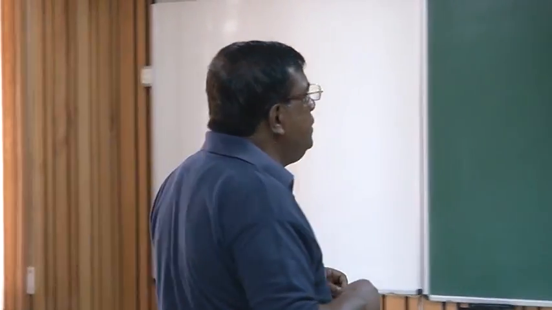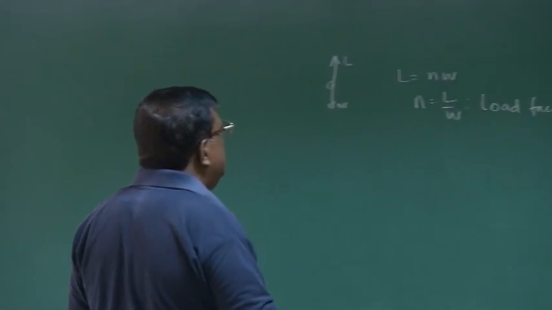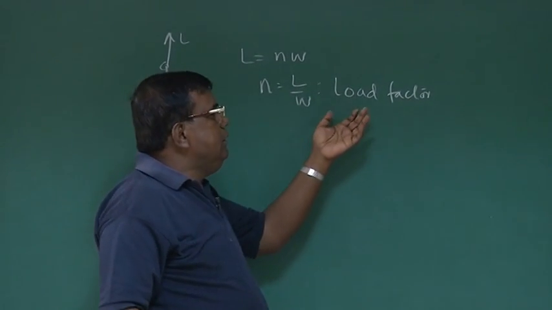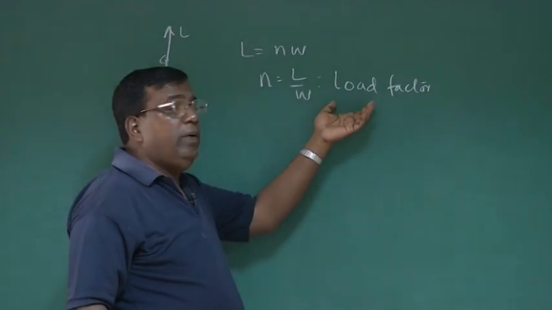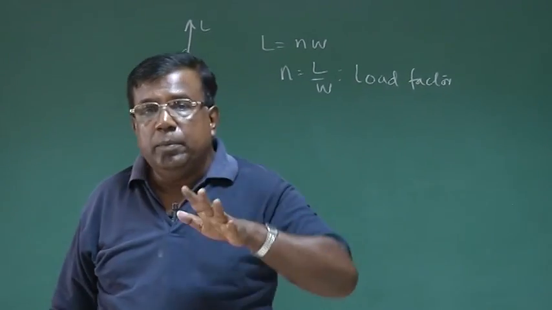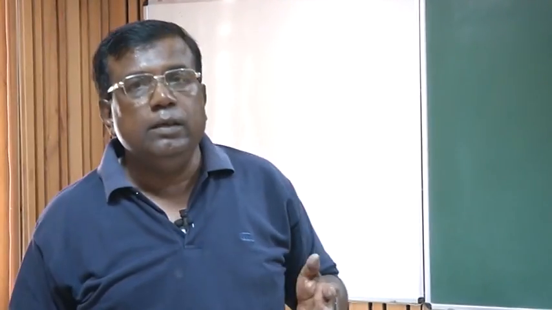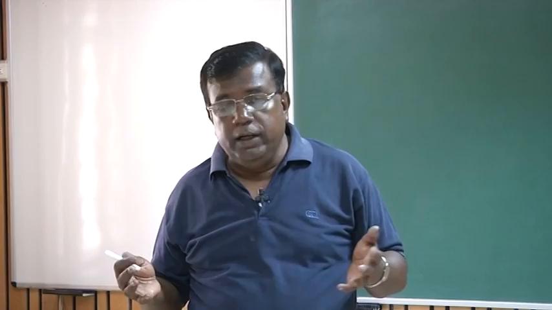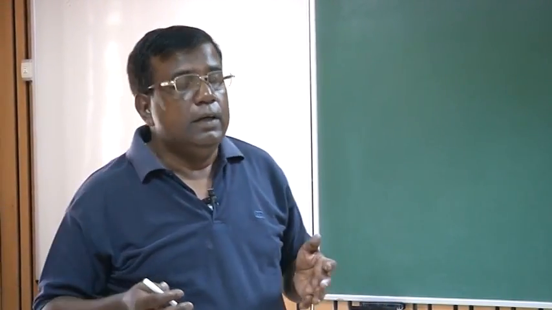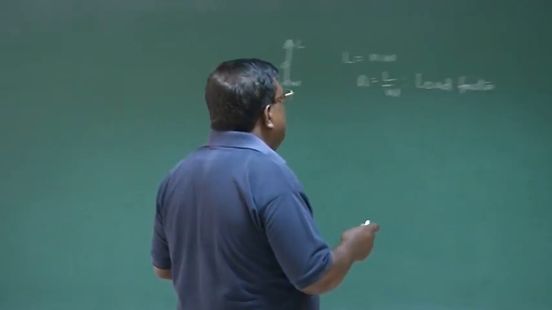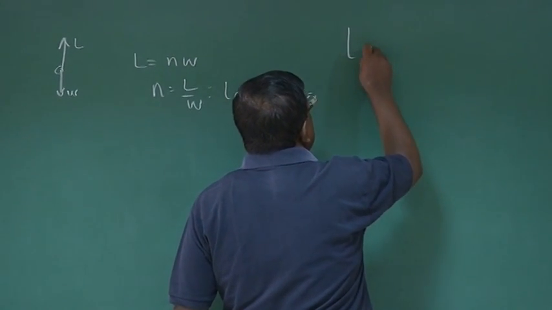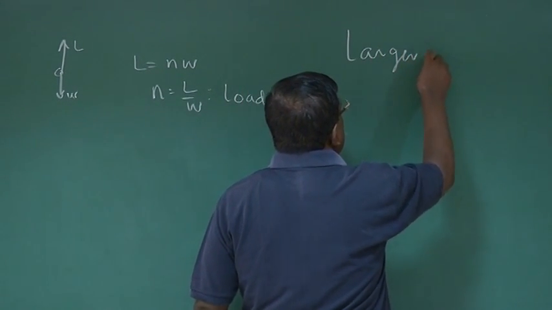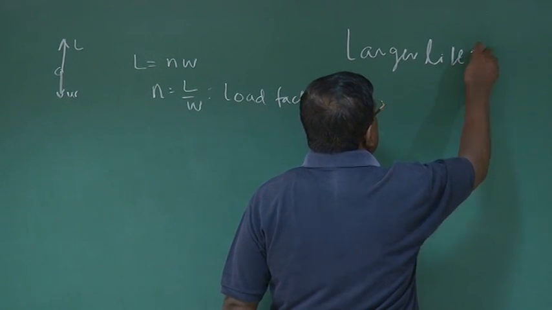So coming back to this concept of load factor and generation of load factor through an airplane, I must understand one thing, that nothing will come free of cost. If I want to have a larger load factor, it means larger lift for a given weight. Larger lift means I have two options.